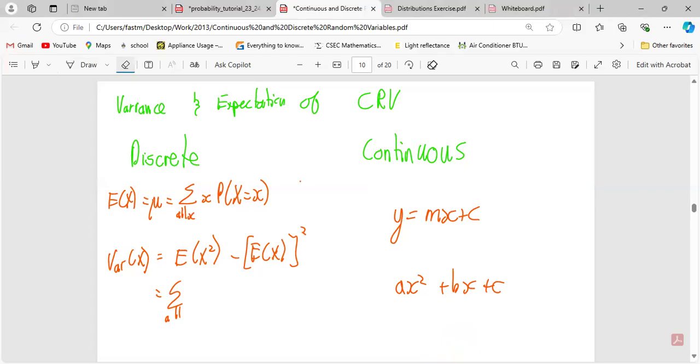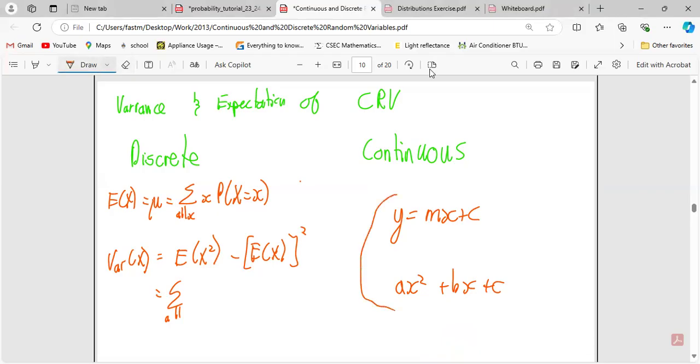To make it simple for you, it doesn't matter what type of line you have, the two main types that you have to sketch are linear or quadratic, or curve if you want to call it that. Anything in the form y is equal to mx plus c is a straight line. Anything with the highest power being 2, or anything more than that, which you will never be asked to sketch, is a curve.